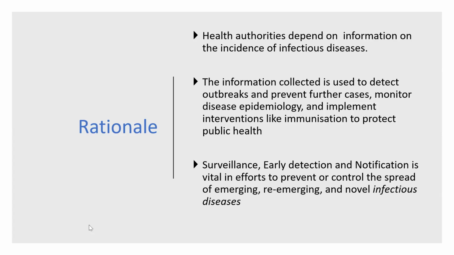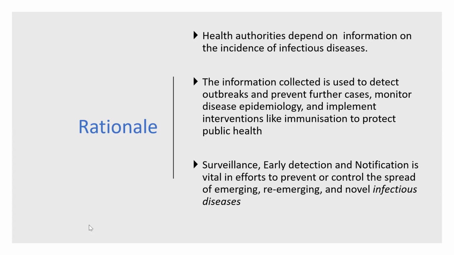So information collected through the disease surveillance system is used to detect outbreaks and prevent further cases of a disease. It's also useful for monitoring the epidemiology of the disease and very important for implementation of interventions to protect the health of the public and the health of populations.